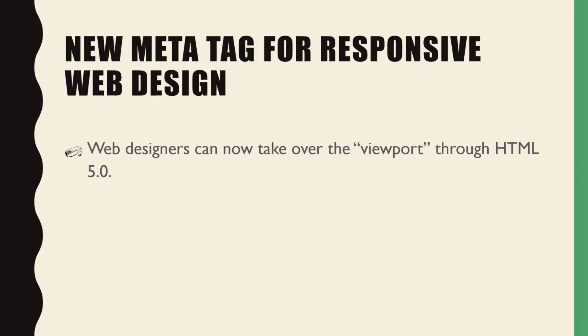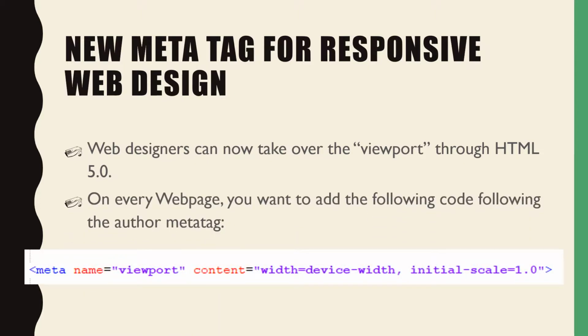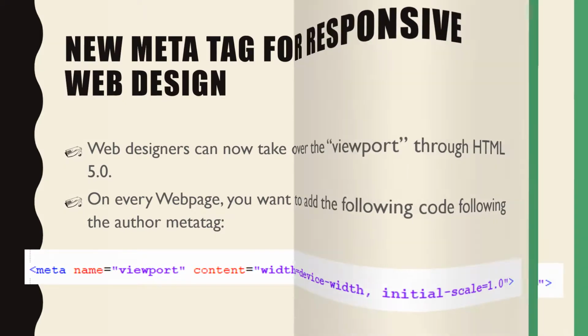For the first time through HTML5, web designers can now take over the viewport. On every page, you want to add the following code following the author's meta tag. You want meta, name equals viewport, content equals width equals device-width, comma, space, initial-scale equals 1.0.